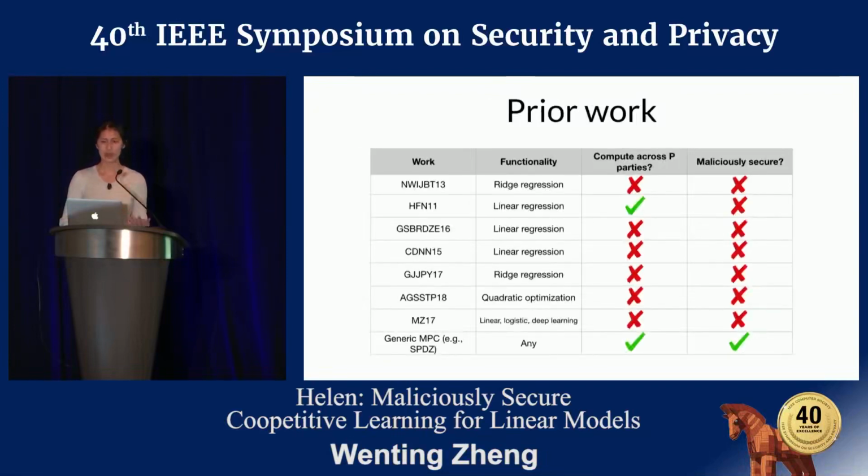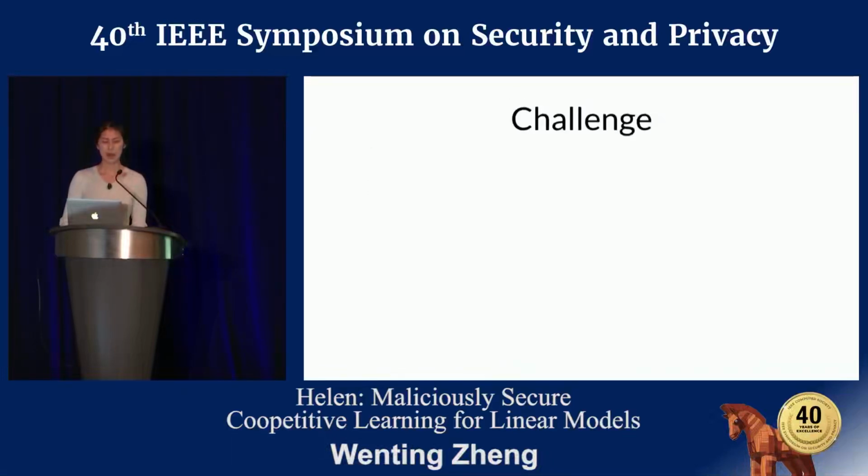If we take a look at some of the prior work in this area, the framework that handles these requirements is a generic MPC framework like SPDZ. However, doing training using a generic MPC framework is challenging because of performance.